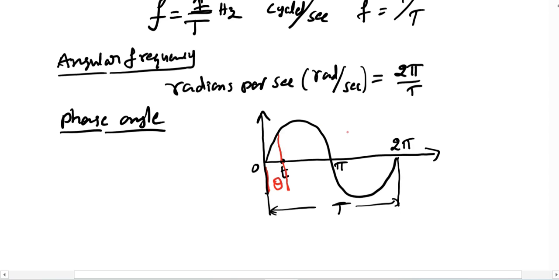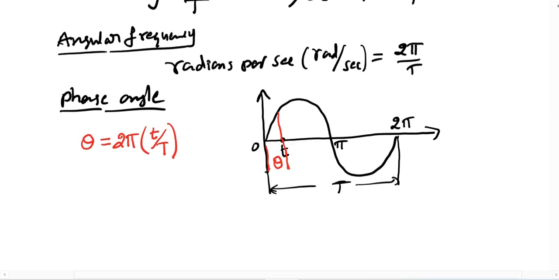The phase angle theta can be found as theta is equal to the total radians times the fraction of time where you want to find the phase angle, divided by the total time period. If you do this, you are able to find the phase angle of any waveform. This is another concept you need to understand.